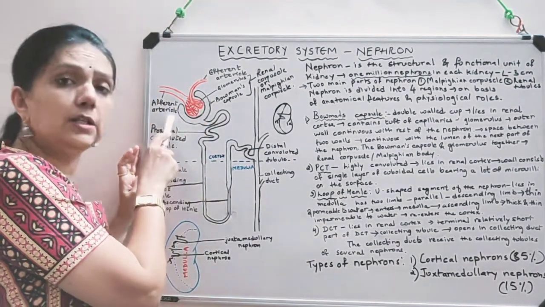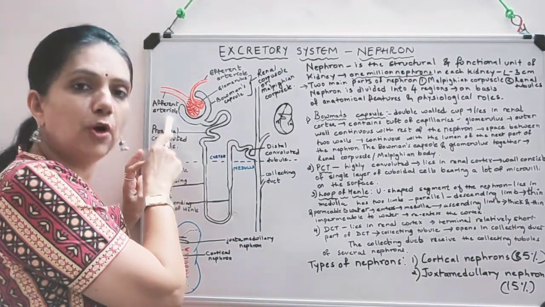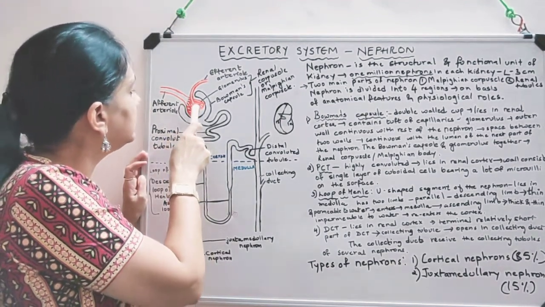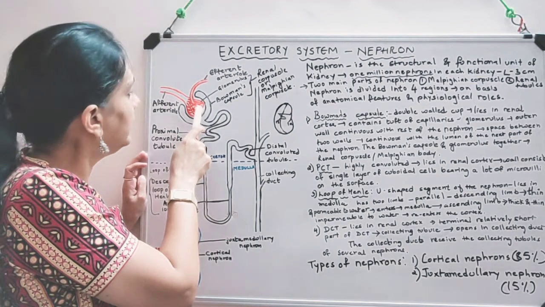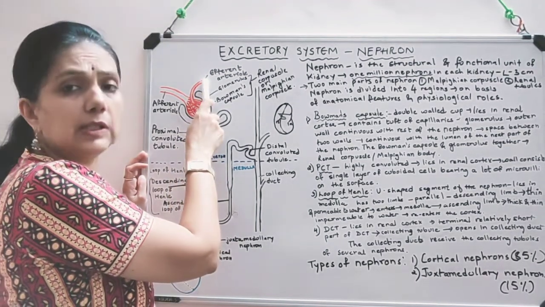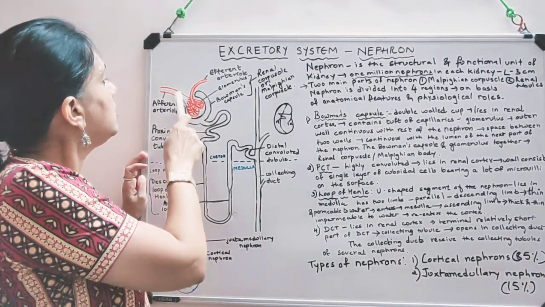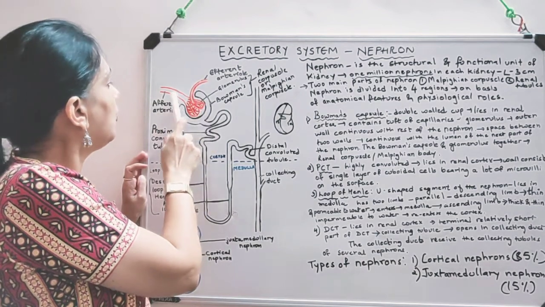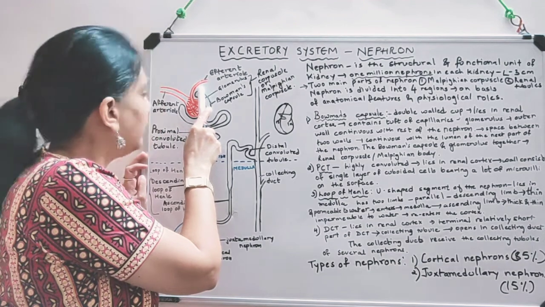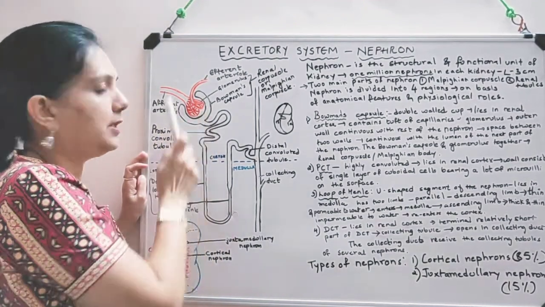This afferent arteriole is a small branch coming from the renal artery, and it branches further and divides into several capillaries, and from here it leaves as efferent arteriole. You can see the diameters of afferent and efferent arteriole are different. Afferent arteriole has more diameter than the efferent one.